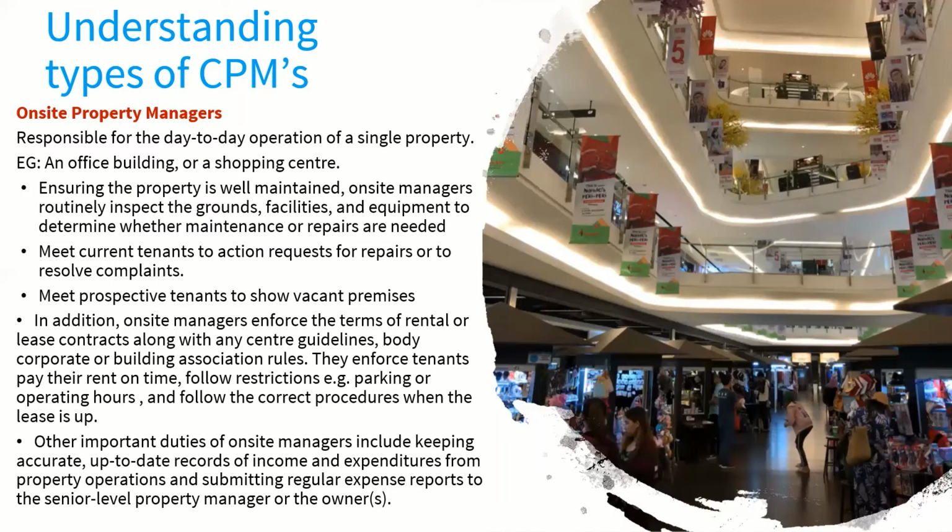Other important duties really stem around keeping updated records of the building, particularly in regards to the income and expenditure, and reporting these usually at a fairly senior level, so that timely budgets can be prepared from year to year.